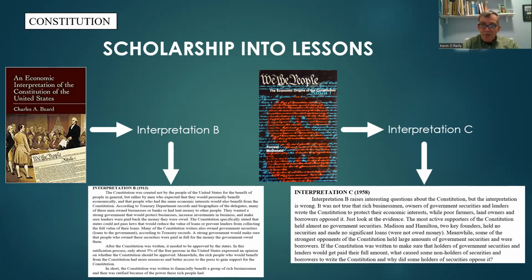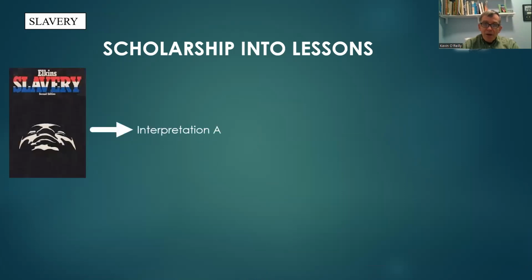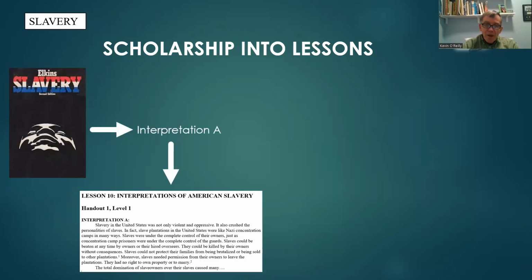It's about 3 paragraphs long. Students can read these and they can evaluate them. The important thing is the evaluation. Again, there was another interpretation A here, but that's what Beard was refuting. I wanted to show you the well-known interpretations.